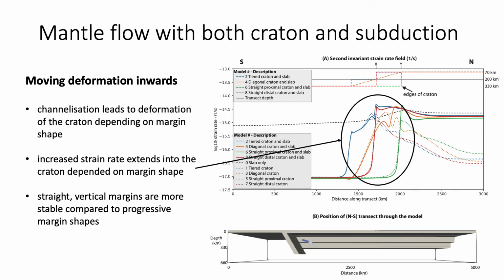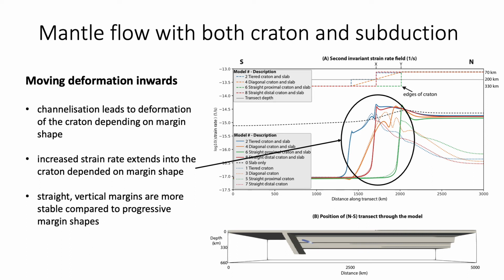We measured the deformation, so the strain rate, along a northwest transect going from the mantle wedge through the channel and into the craton. And what we saw was that we were moving deformation inwards towards the craton, depending on the margin geometry. So channelization leads to deformation in the craton, depending on margin shape.